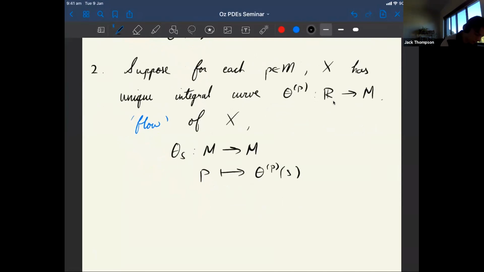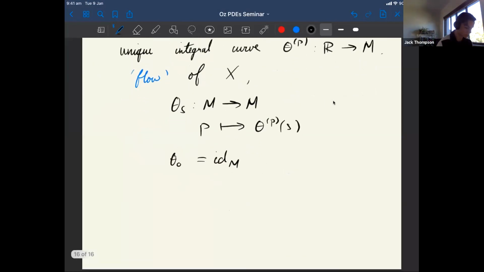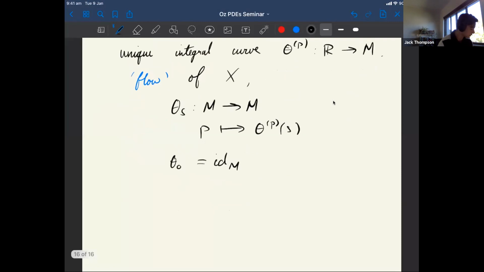Now, something to note here is that theta 0 is going to be the identity from M to itself. So once we have these, we can define the Lie derivative.